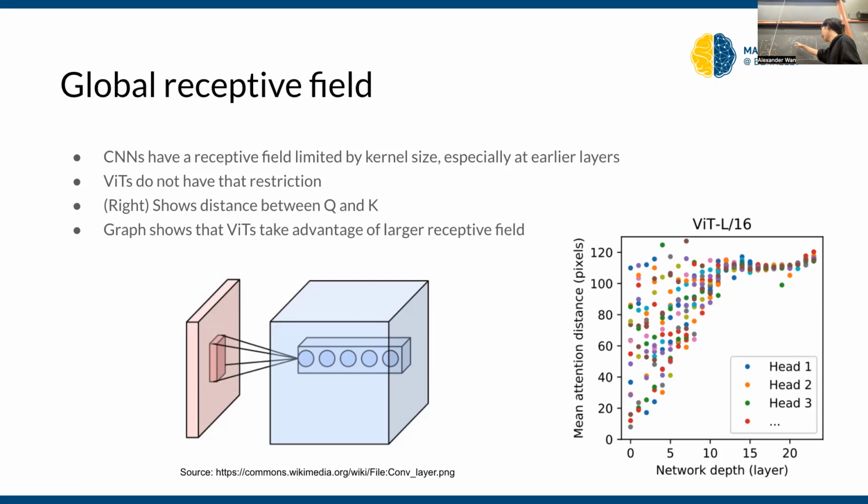So if the dot product between this and this is high, then this distance ends up weighing high. If in practice this token really wants to attend to that token, then your mean attention distance will be really high. If this token doesn't really care about all the other tokens, just its neighbors, then the mean attention distance is going to be really low. So what we see is that in the earlier layers, it does in fact use tokens that are far away from it, right? So we see in practice that the transformer does take advantage of having this global receptive field.